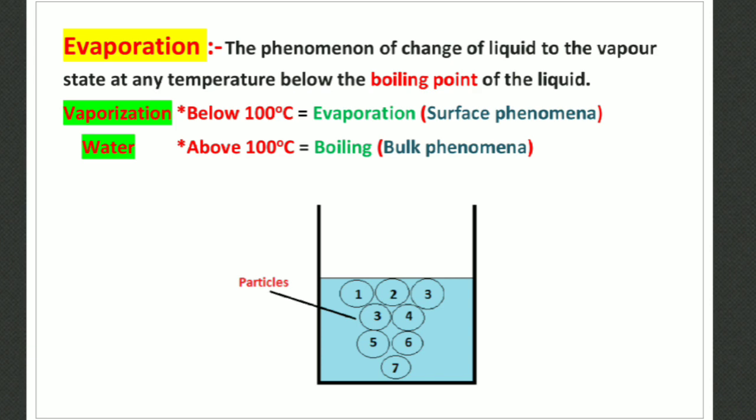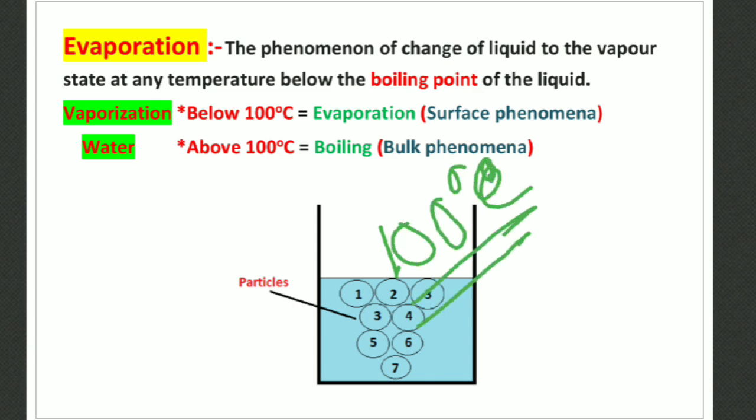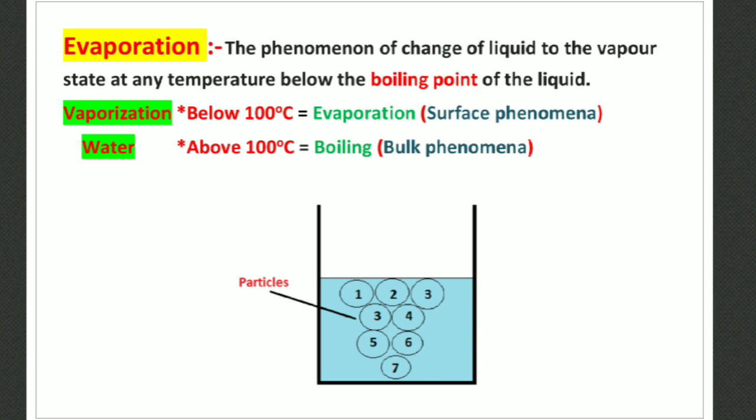Now boiling is a bulk phenomenon. Why is boiling a bulk phenomenon? We know that the boiling point of water is 100 degree Celsius. When you raise the temperature of this beaker up to the boiling point, then not only particles number 1, 2, 3 will start to gain energy, but also 3, 4, 5, 6, 7.